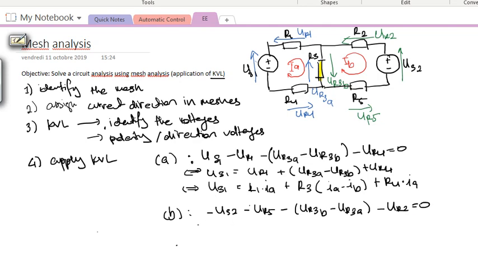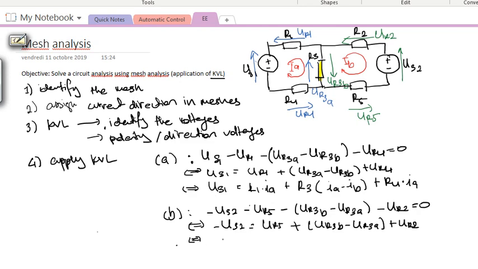And if we rewrite it in a form where you have the voltage supply on one side, you'd have minus US2 equals UR5, plus UR3B minus UR3A plus UR2, right?